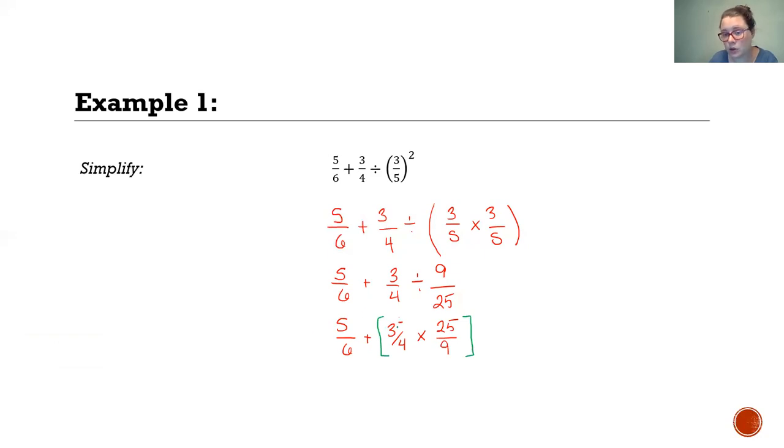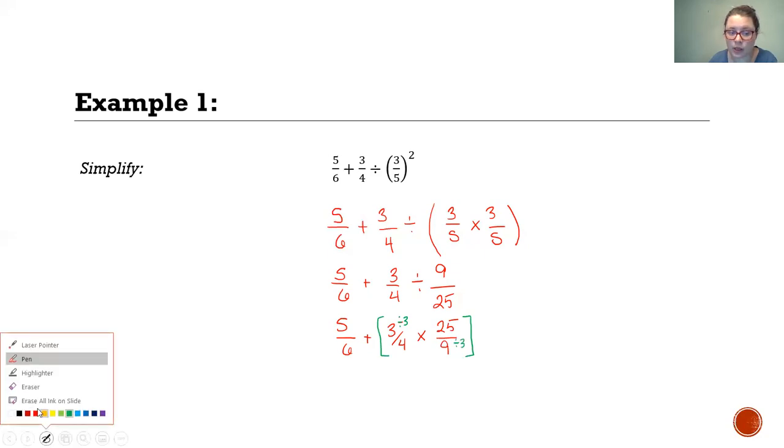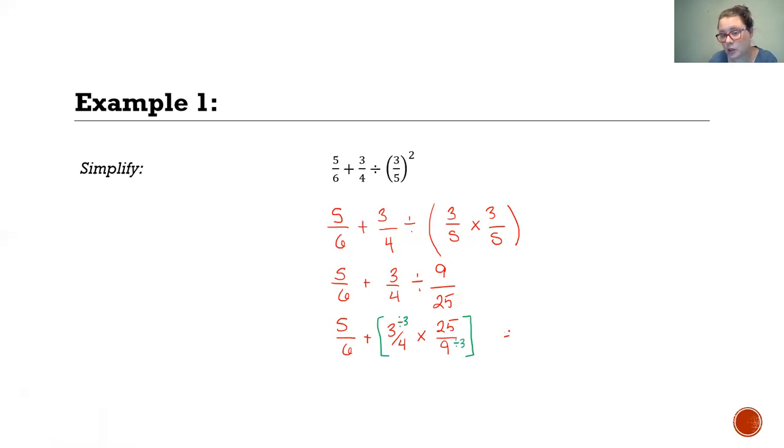Okay, so here we have 3/4. I can divide 3 by 3, and there's a 9 on the bottom that divides by 3. Well, let's do that. So we'll divide by 3 here, and we're going to divide our 9 by 3. And we'll just rewrite that equation out. That means this equation is the same as 5/6 plus, this would turn into a quarter, times 25 over 9.